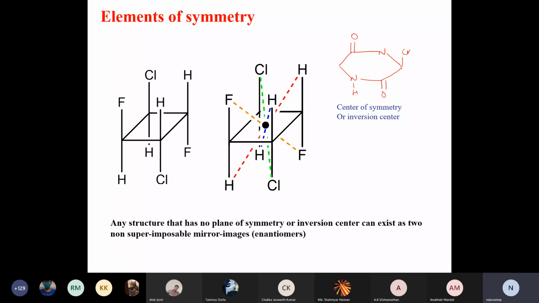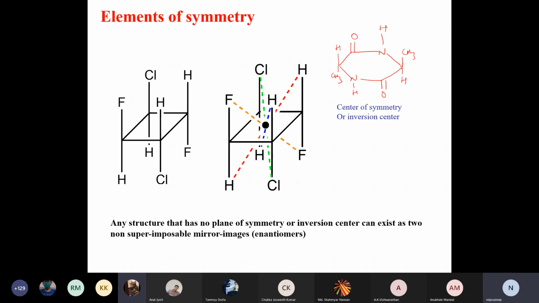I gave this molecule in the previous exam and asked whether this nitrogen is chiral, or whether you have any enantiomer for this nitrogen. Is this nitrogen chiral?